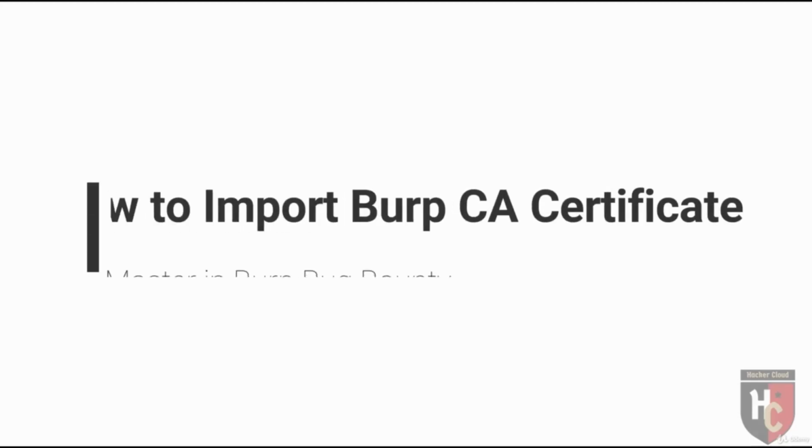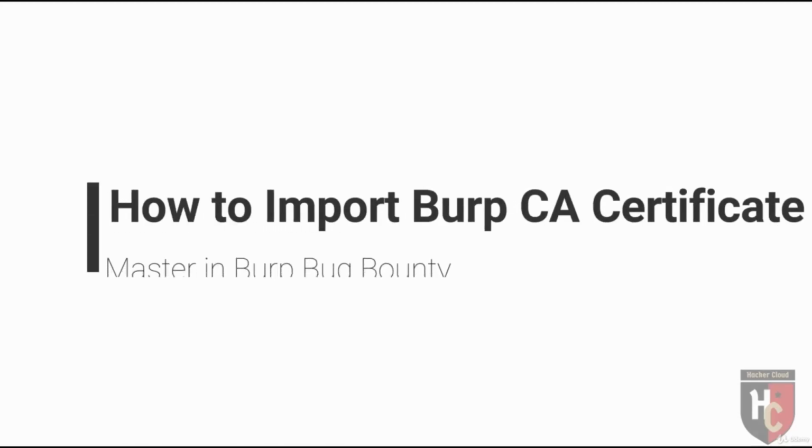Welcome back. In this video lecture, we will see how to import the Burp CA certificate. By default, when you browse an HTTPS website via Burp, the proxy generates an SSL certificate for each host, signed by its own certificate authority, the CA certificate. This CA certificate is generated the first time Burp Suite is run and stored locally.